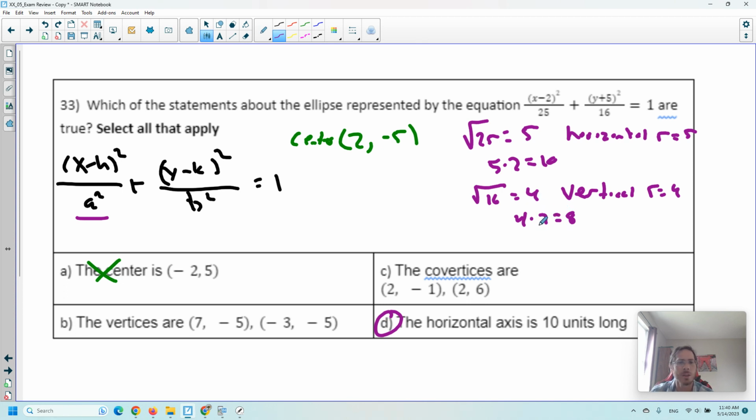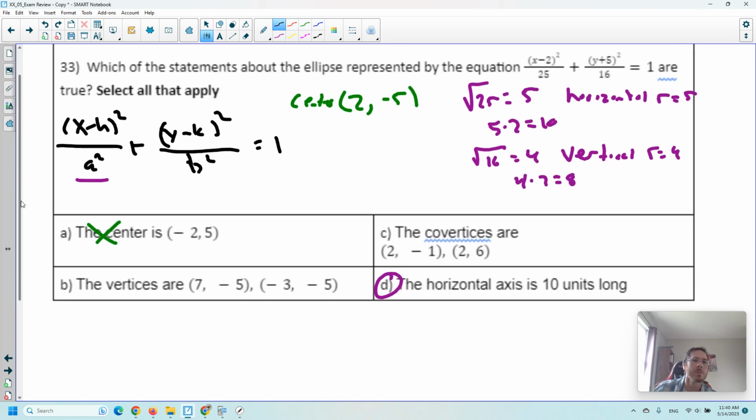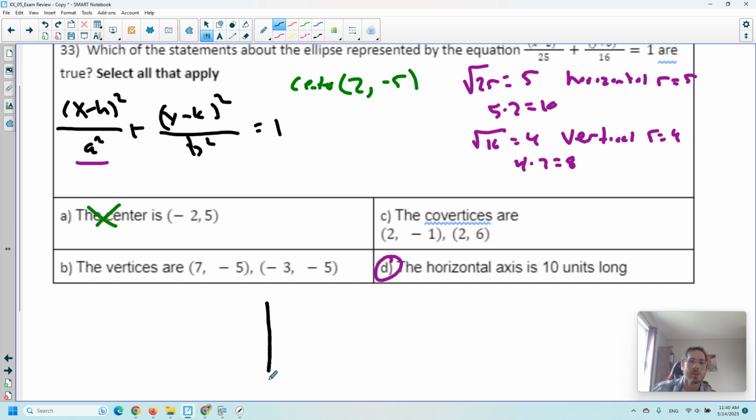So last thing we got are the vertices and the co-vertices. So to get these, what we actually have to do is make a picture of this one. So let's see. That's probably not going to be good enough, but 1, 2, 3, 4, 5, 6, 7, 8. 1, 2, 3, 4, 5. 1, 2, 3, 4, 5. The reason I don't think that's going to be good enough is my center's at 2, negative 5, and so my center is here.